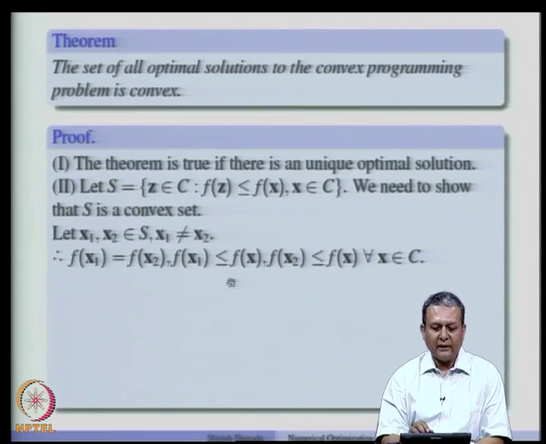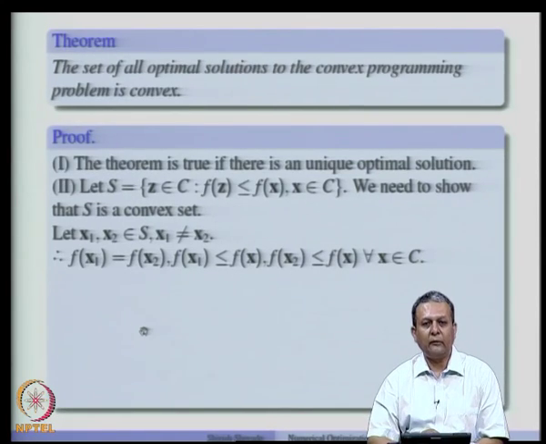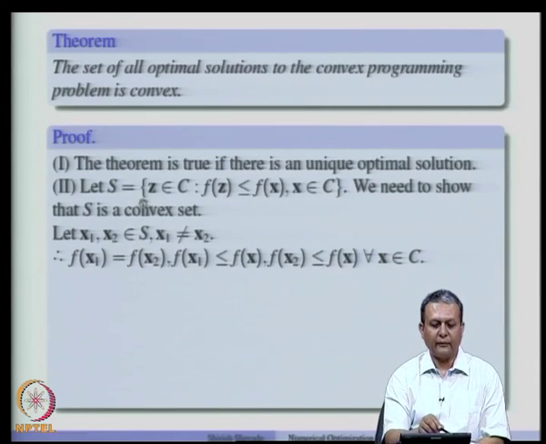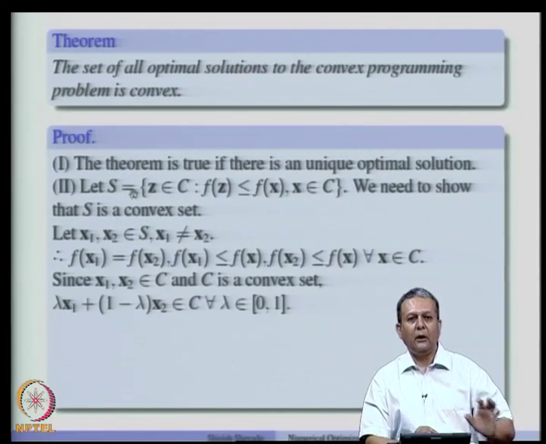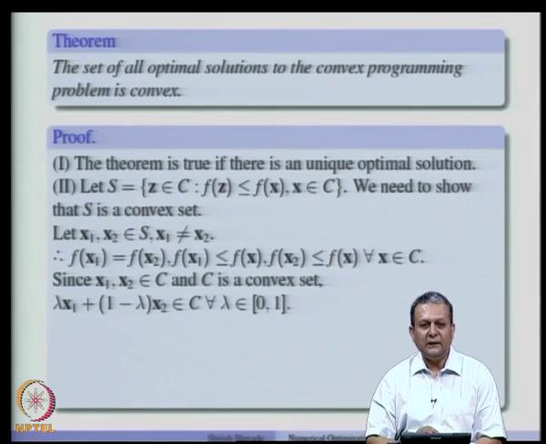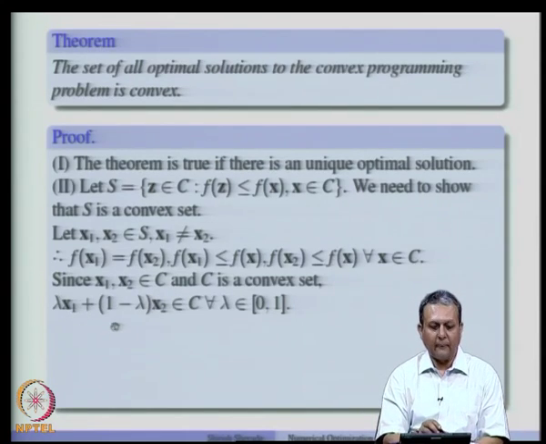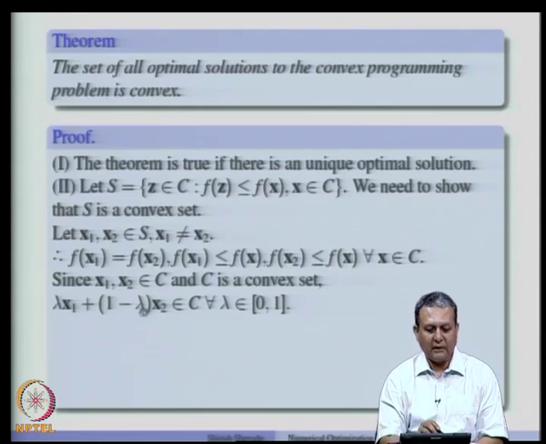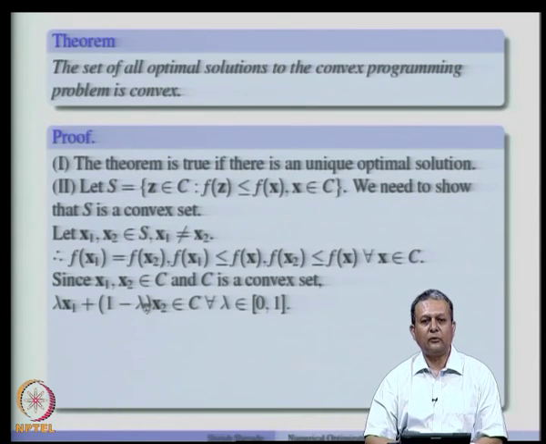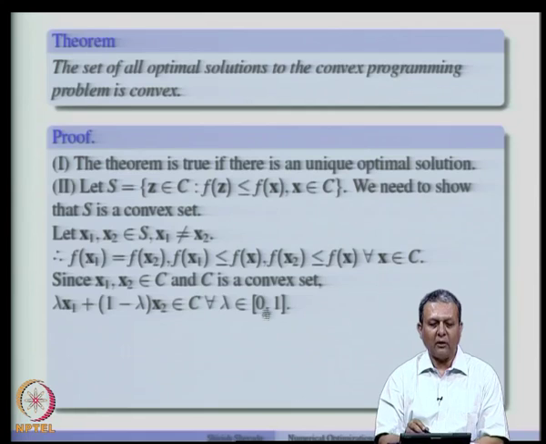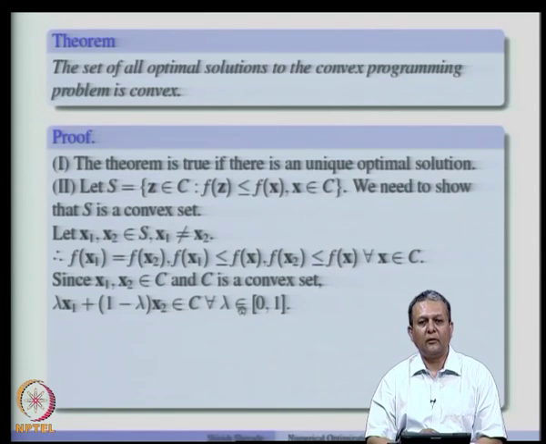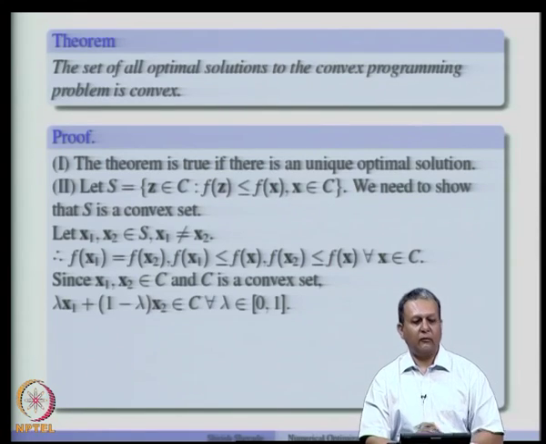Since they belong to the set S, we can also say that f(x1) is less than or equal to f(x), and f(x2) is less than or equal to f(x) for all x belonging to C. Now, since C is a convex set and x1 and x2 are any 2 points in that convex set, by the definition of convexity of a set, lambda x1 plus (1 minus lambda) x2 always belongs to the set C for all lambda in the closed interval 0 to 1.